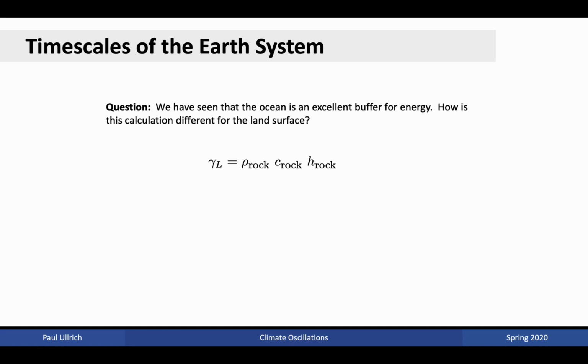Consequently, this H parameter is much smaller in the land surface. So, the heat capacity of the land surface is much smaller than in the ocean, and we see that the land surface then responds much more quickly to temperature changes than the ocean does. This is then responsible for that inhomogeneity that we've discussed earlier in this class, namely that the land surface tends to warm up and cool down much faster than the ocean.